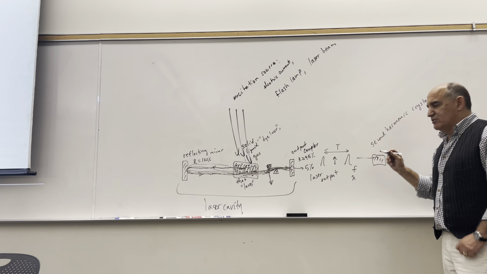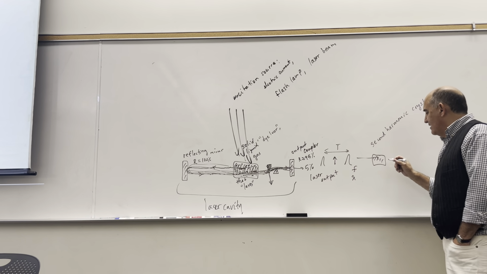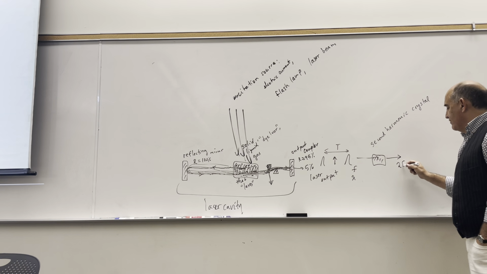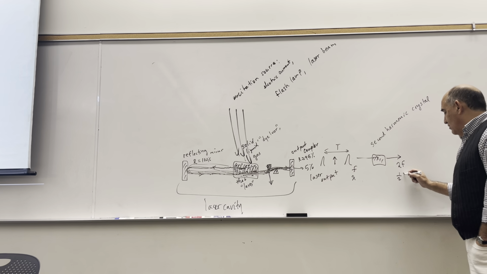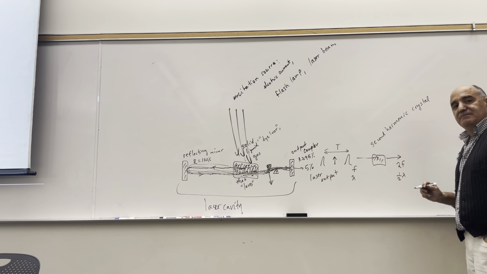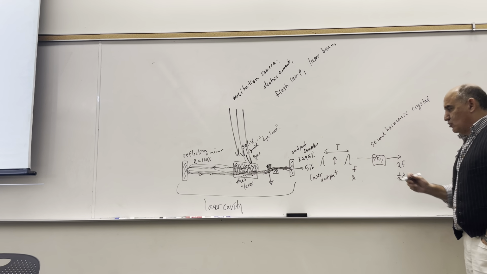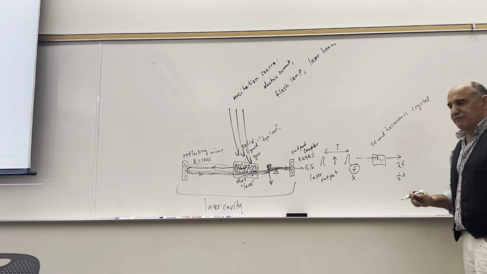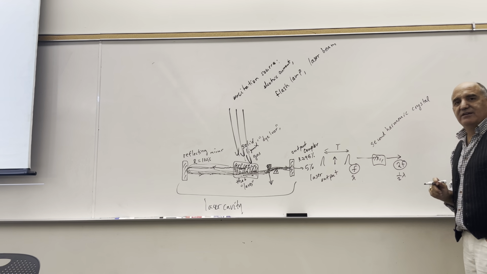It's a nonlinear interaction between the crystal and the light. What happens is that you get twice the frequency of the light, which means half the wavelength. It's called the second harmonic generator because you come in with the fundamental frequency, and then this is the second harmonic.